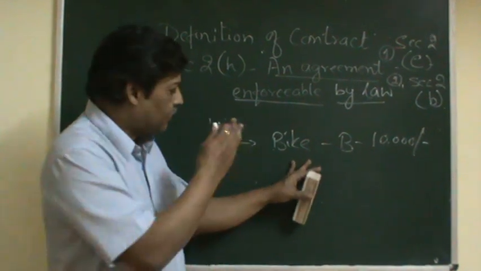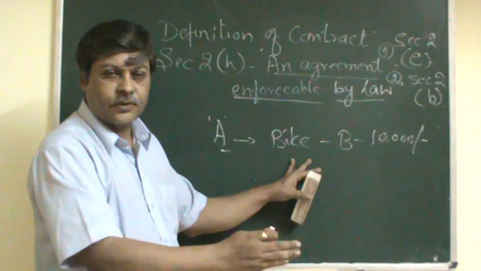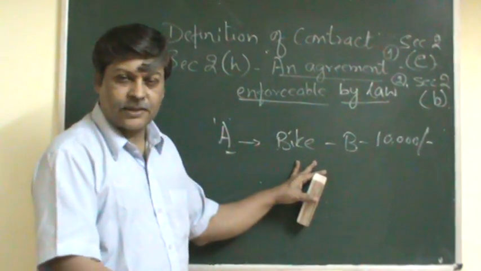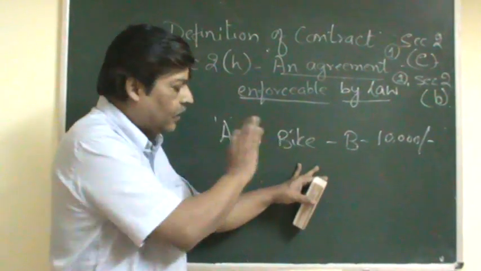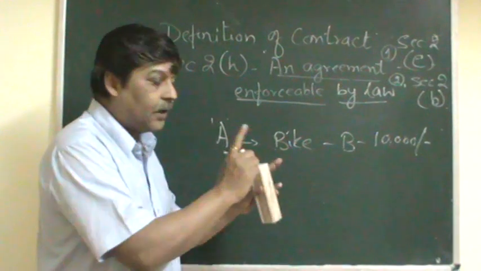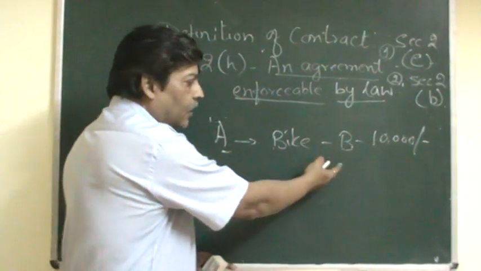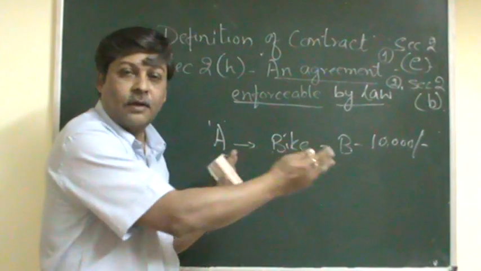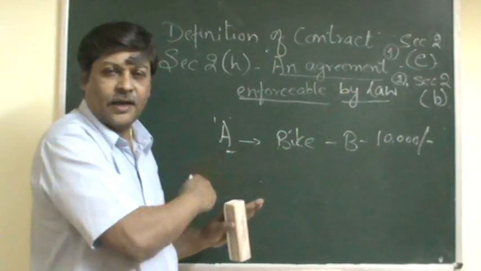This is a promise made by A to B that he is going to sell his bike, and B has accepted that promise, and he has also promised in return that he will pay the price of 10,000. So the promise made by A and the promise made by B are both forming consideration to each other. Consideration means something in return they are getting.